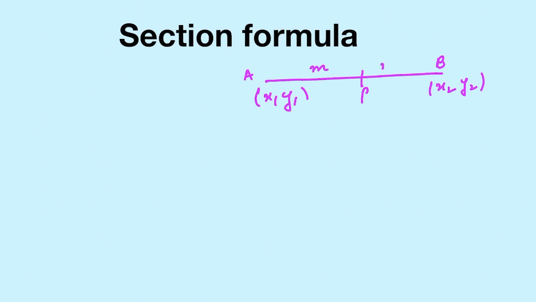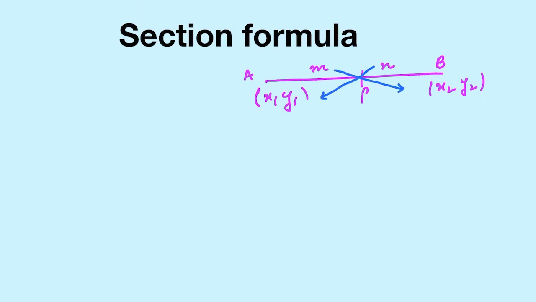So next we move to the next formula, that is the section formula. Given 2 points x1, y1 and x2, y2, there is a point P which divides the line segment joining the points A and B in a ratio m is to n. Then we can find the coordinates of P. Always remember it's cross multiply.